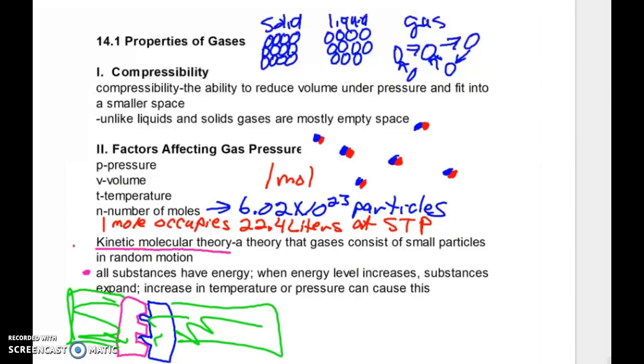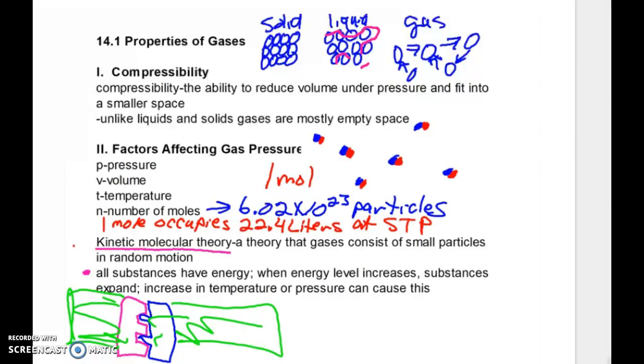It doesn't really change very much because the particles themselves are packed very closely together. Liquids are pretty close together. There's just enough space in between those molecules that they can slide past each other.